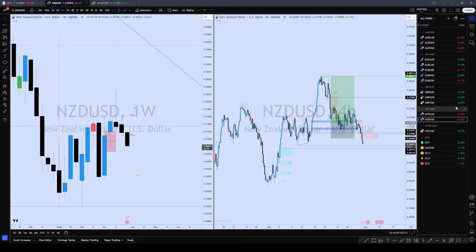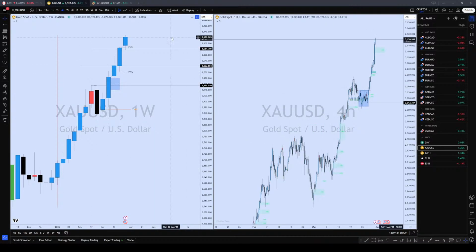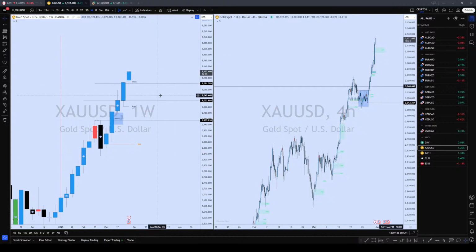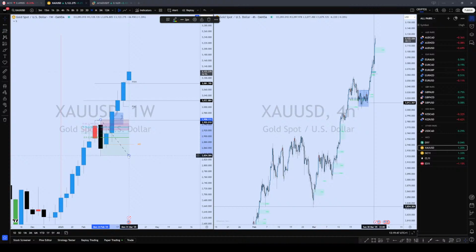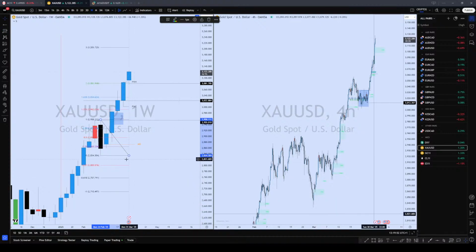Okay, let's go to gold. So gold, I think pretty much they've gone for the projections that I made. This down candle. Okay, so they reached the 2% last week, and we are continuing to go upside.